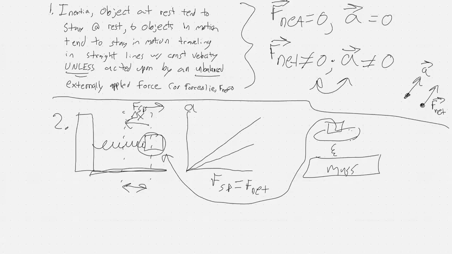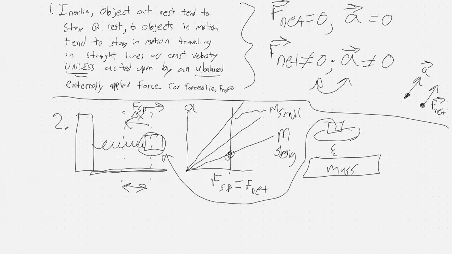And it would change in such a way that when the object has more mass, m big, the acceleration that you get as a result of a certain force applied to an object is lower. And when the m is small, the acceleration you get for that same applied force is bigger.